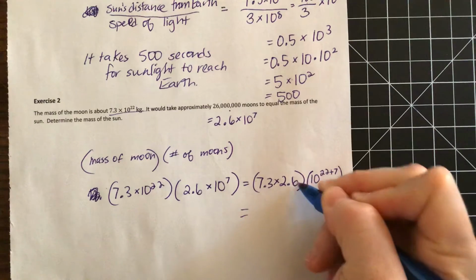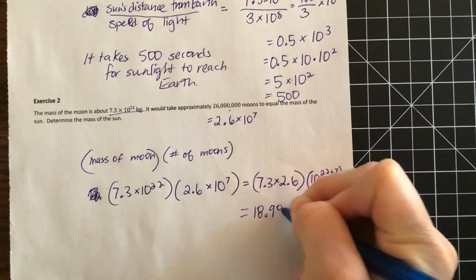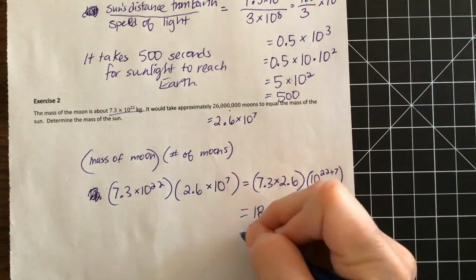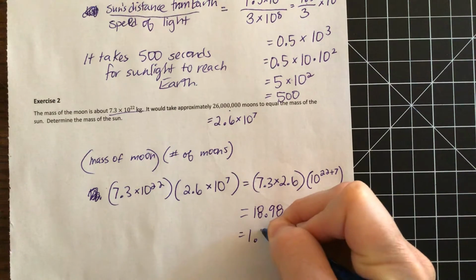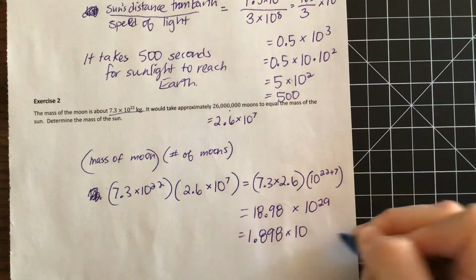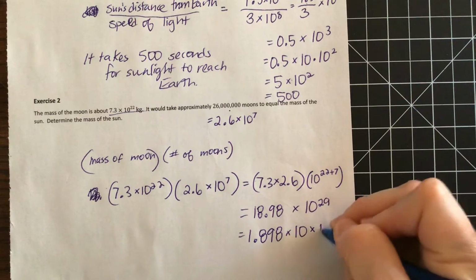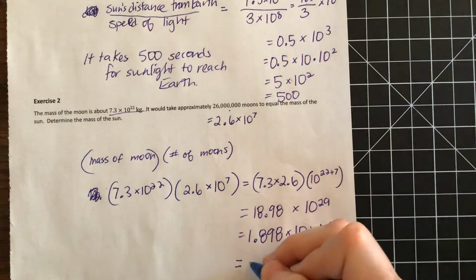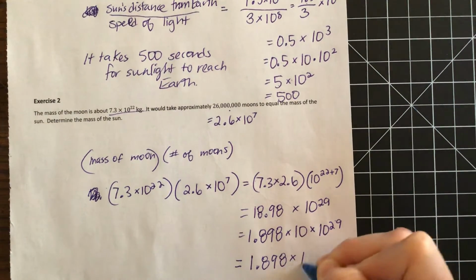And then we have 7.3 times 2.6, which is 18.98 times 10 to the 29th, which is the same as 1.898 times 10 times 10 to the 29th, right? That would be the same thing as 1.898 times 10 to the 30th.